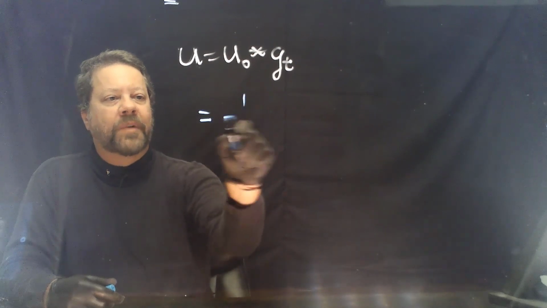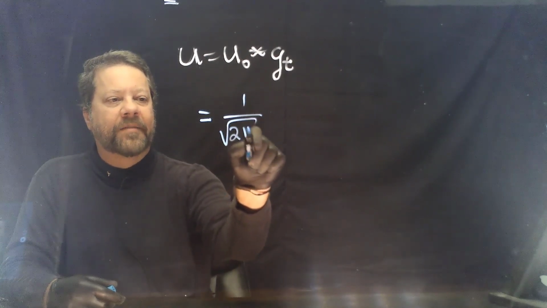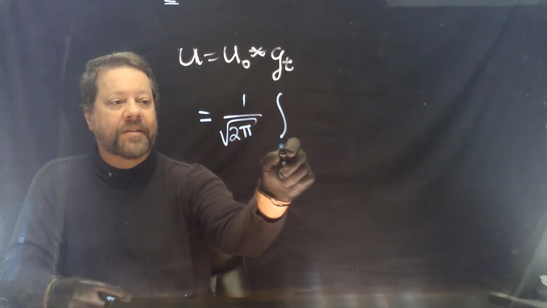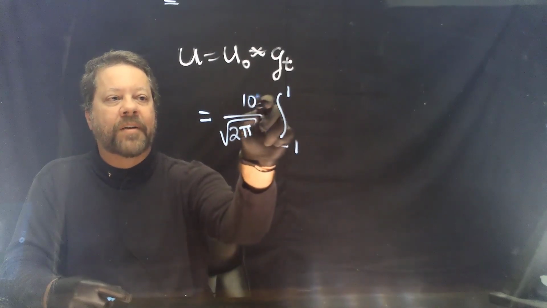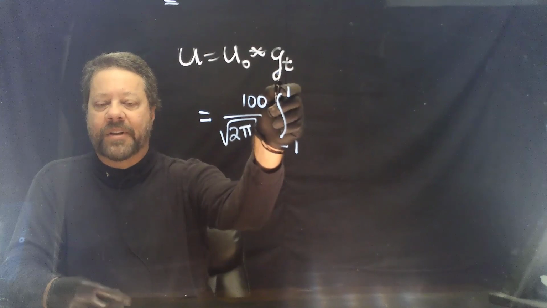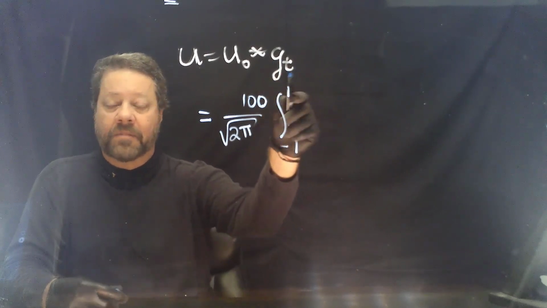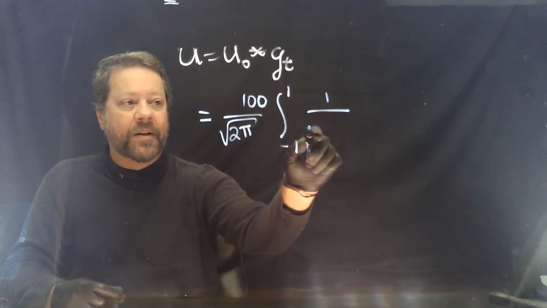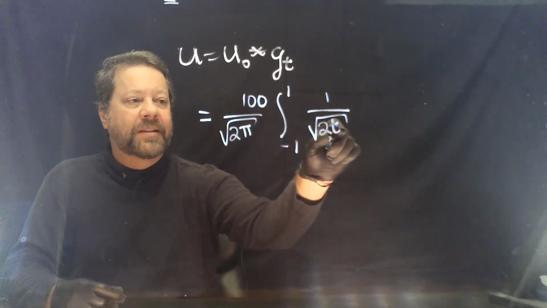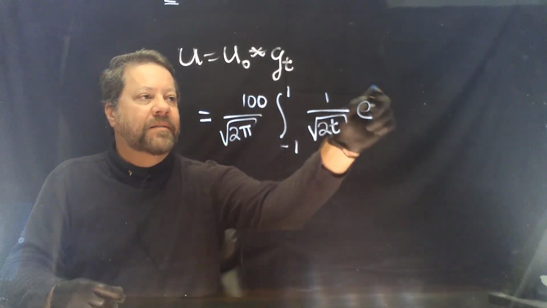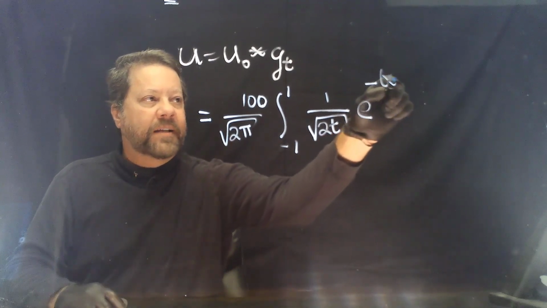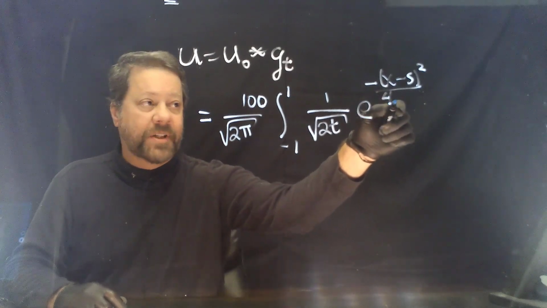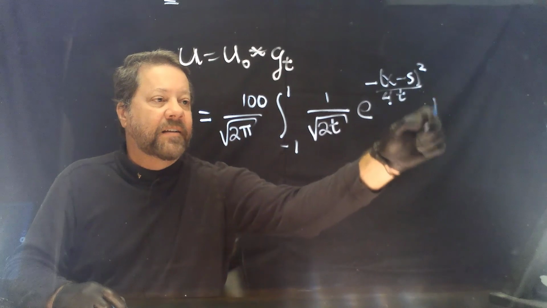So for the convolution, we'll have a 1 over the square root of 2 pi. This u naught will be 0 outside of the interval from negative 1 to 1 and 100 otherwise. So now we just have to deal with this translated Gaussian kernel, or heat kernel, which is 1 over c, c being 1, root 2t, e to the minus x minus s quantity squared over 4 c squared, c being 1, t, and then ds.